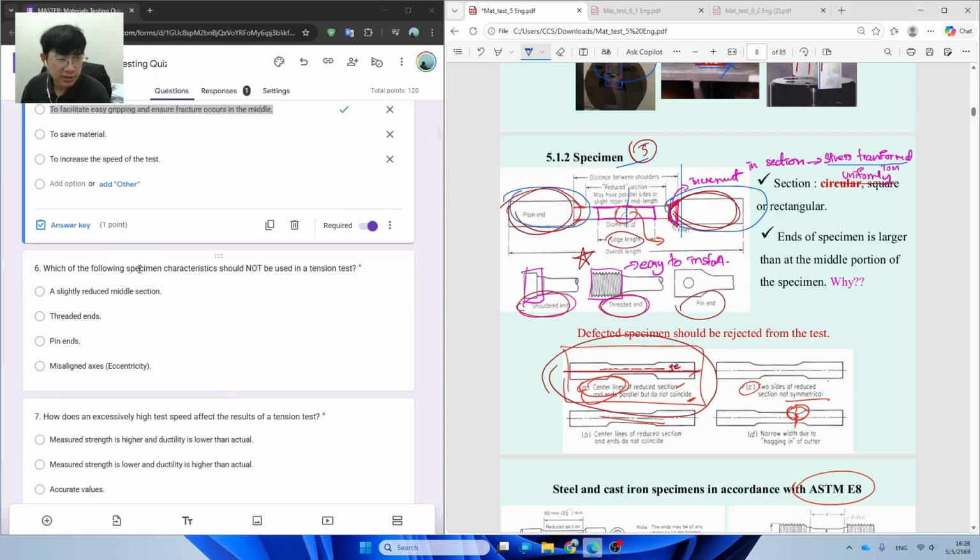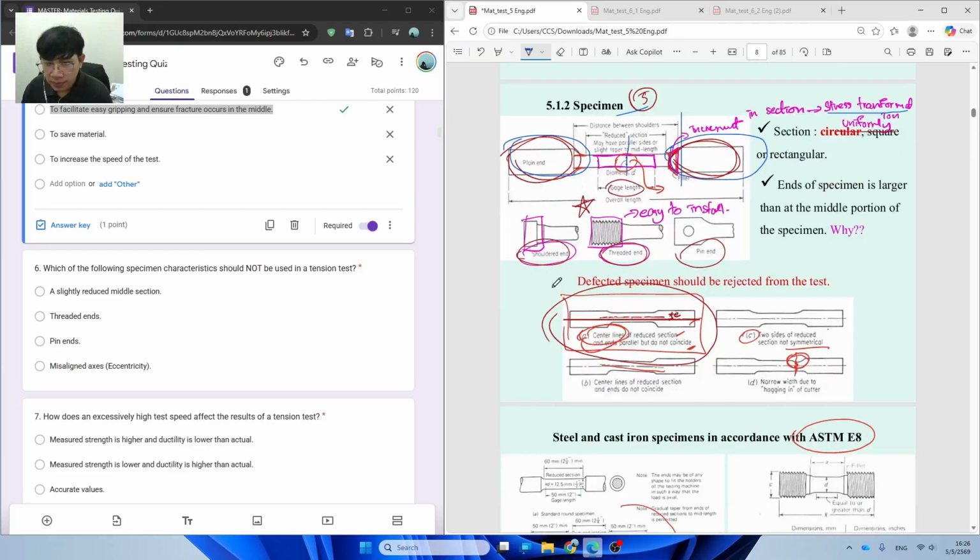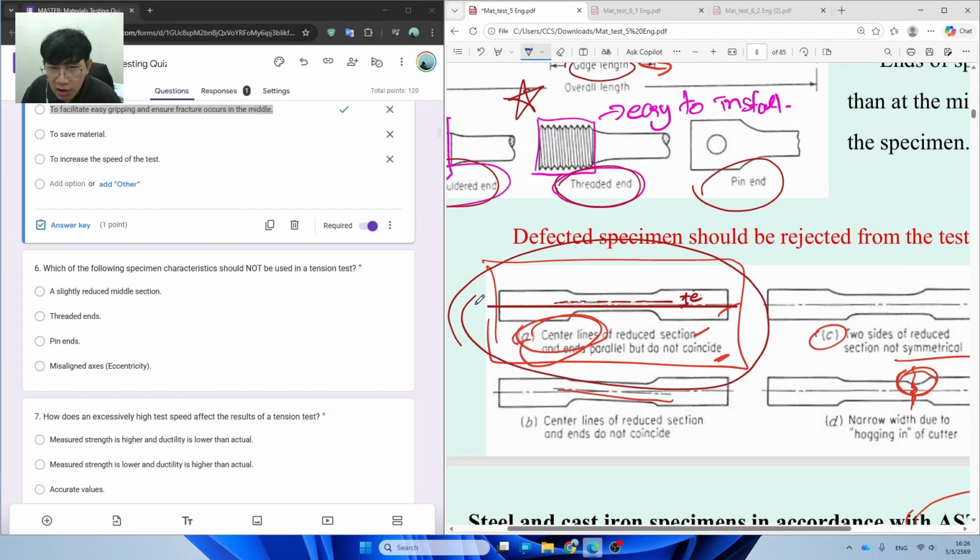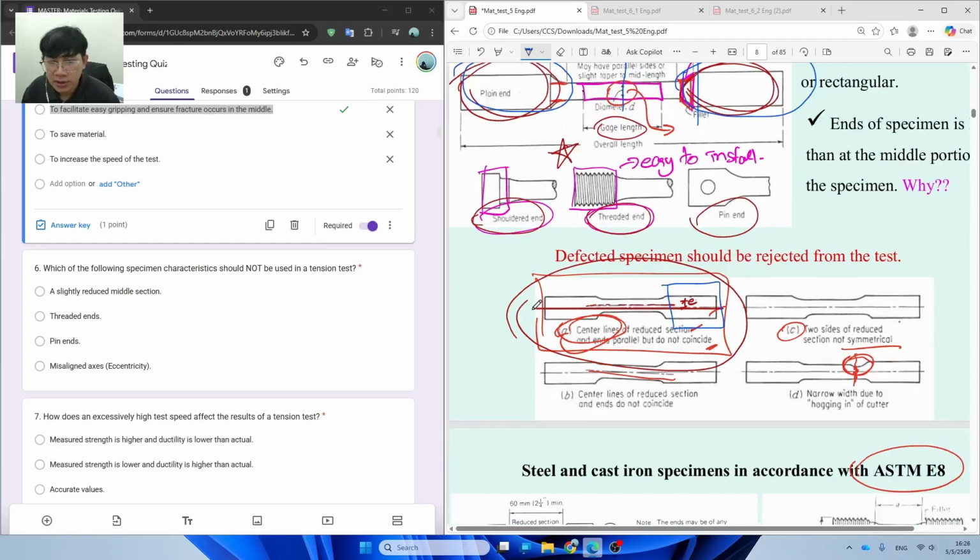And question number 6, which of the following specimen characteristics should not be used in the tension test? If you look at the figures over here, you can see that we have 4 defects of the sample that we don't want to use in testing. For example, the first one: the center line of the end of the sample is at the middle over here, but the center of the gauge length is off the grip toward the top.